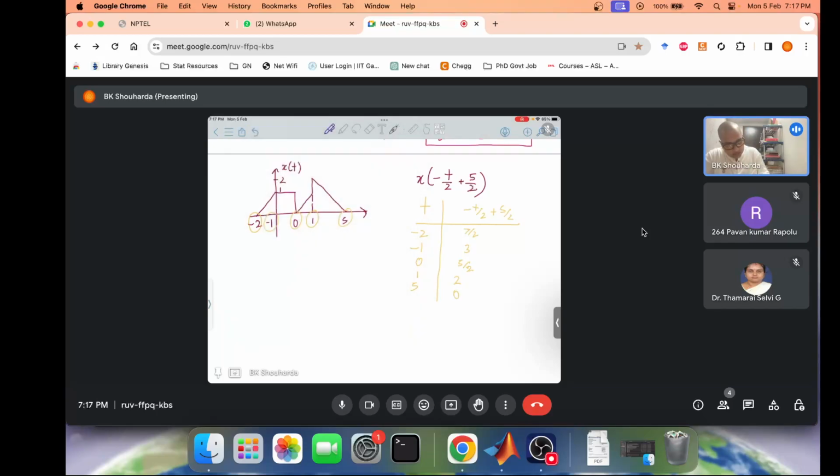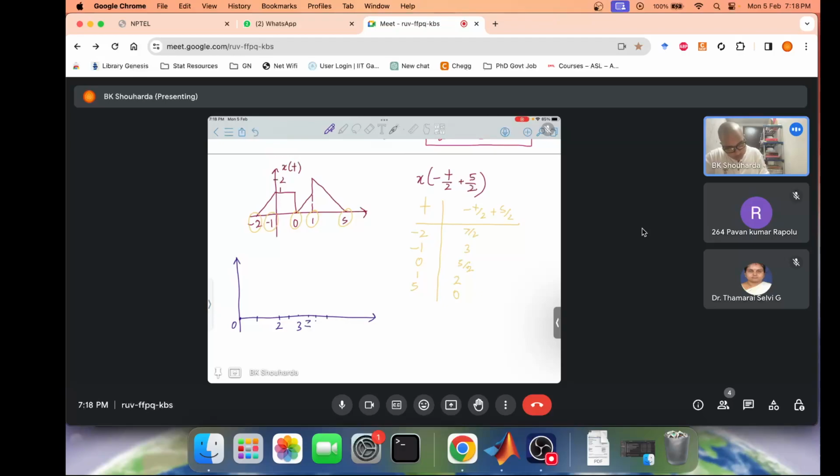See, all of them are in the positive. 0, 1, 2, 3, 1, 2, 3. This is 5 upon 2, 4.